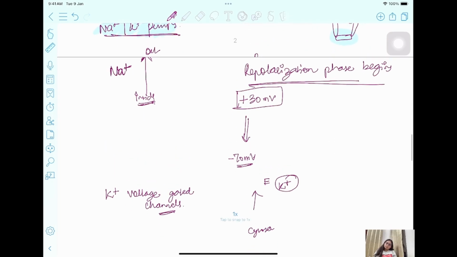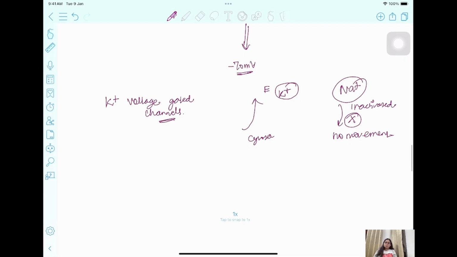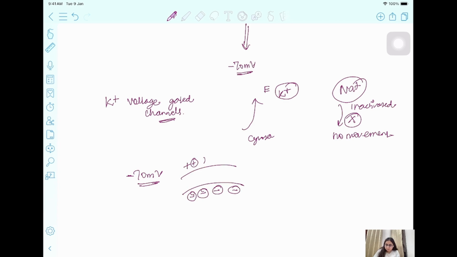Now, because the sodium gate has inactivated, the sodium inflow will be closed. There will be no movement of sodium ions inside the cell. Therefore, now the membrane becomes more negative towards the inside as compared to the outside, because the potassium ions move out of the cell and there is no inflow of sodium ions.